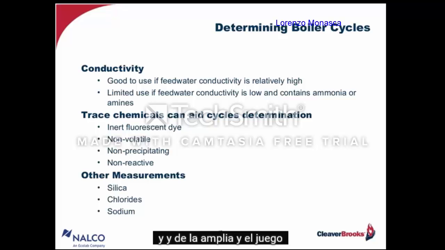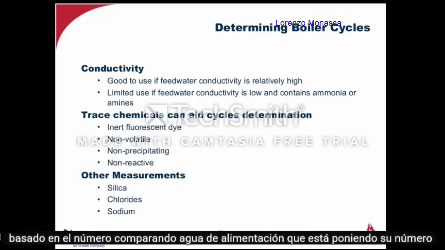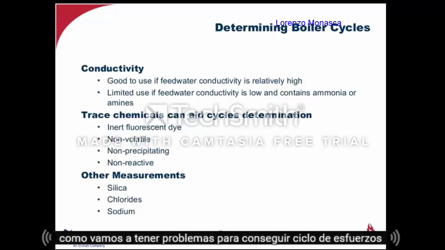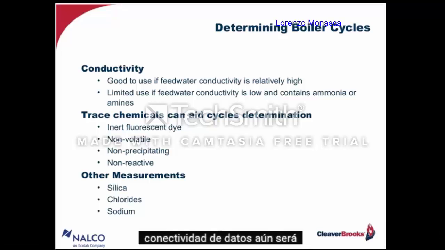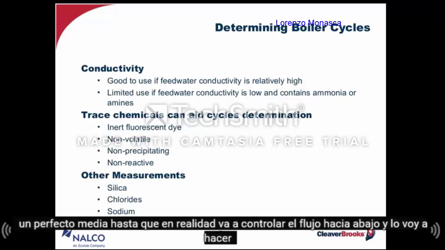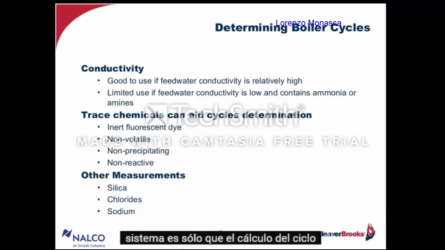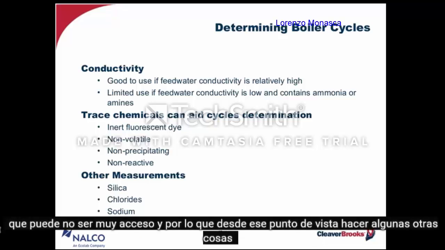And from that standpoint, when we try and determine cycles based on comparing our feed water number to our boiler number, we're going to have problems getting accurate cycles calculation. Conductivity will still be a perfectly good means of actually controlling the blowdown in those systems. It's just that cycles calculation that may not be very accurate.